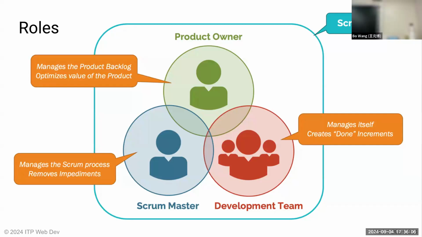And the development team is inclusive of what we talked about: designer, UI, UX, front end, back end engineers, system architects, and so on. They're all in the development team. These three roles come together to make this sprint process happen.